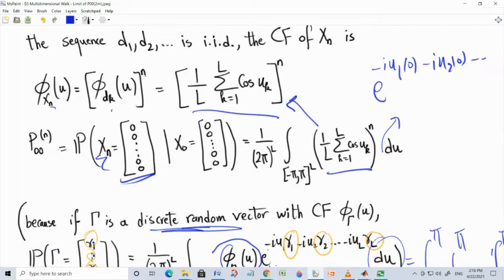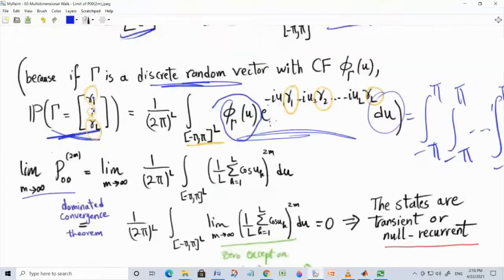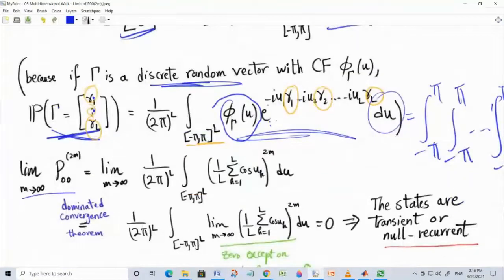But the idea is, let's basically do asymptotics. So I will take the limit of b00 of 2m, returning to the origin in an even number of steps. I will take this limit again.